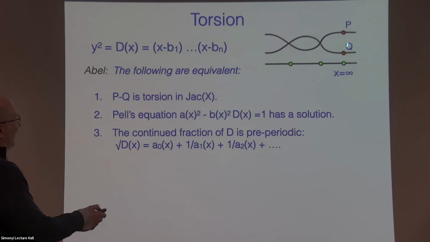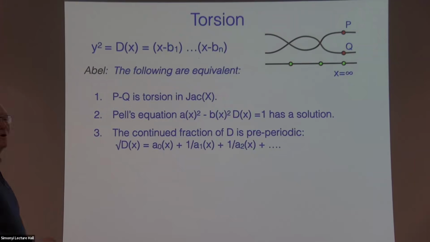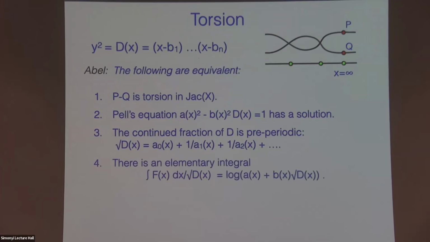By the way, as usual, this does not give an algorithm to determine when it's not torsion, because you don't know how long you have to wait for the continued fraction to repeat. Nevertheless, it does give an algorithm which is extremely useful and effective in the case where you do get torsion.